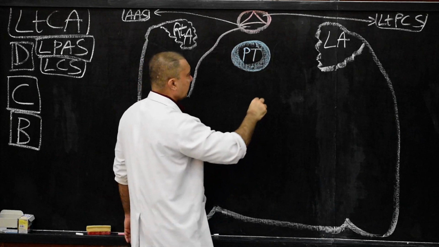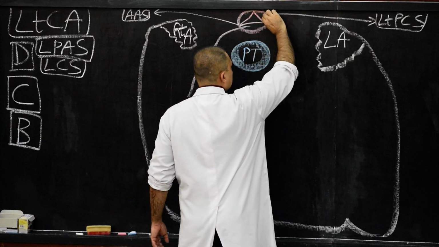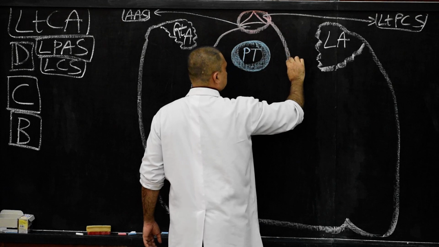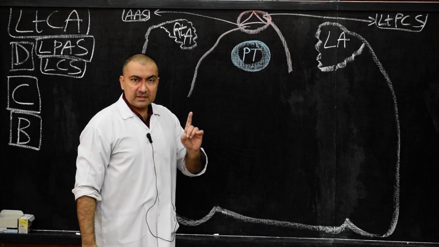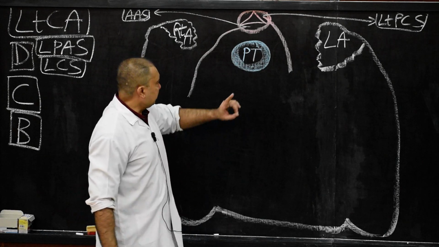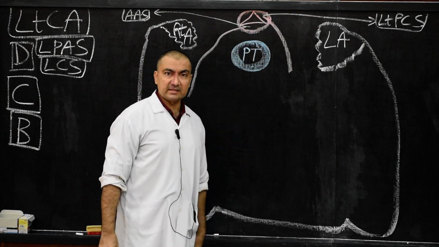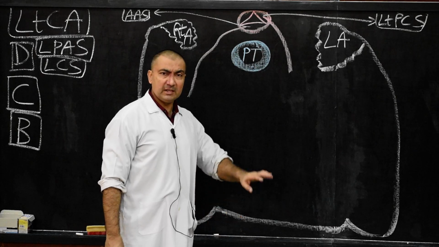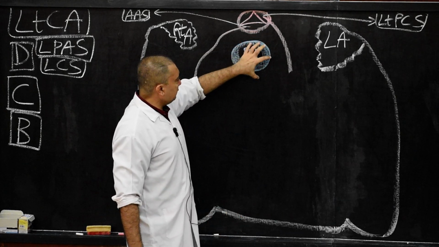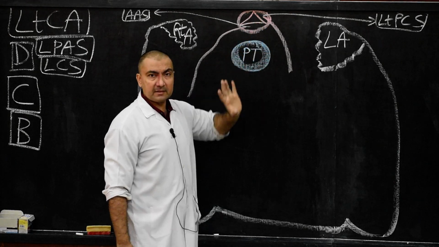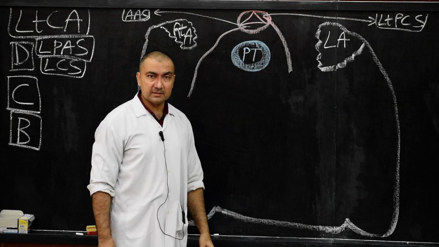So left coronary artery, here it will pass, first it takes origin from the left posterior coronary sinus, the left posterior aortic sinus. From the left posterior aortic sinus, that means it will be starting from posterior to pulmonary trunk.